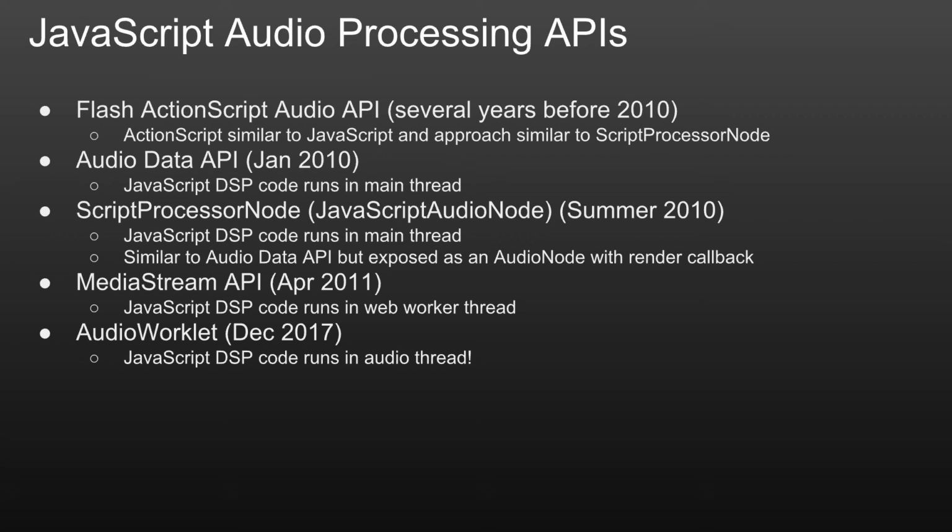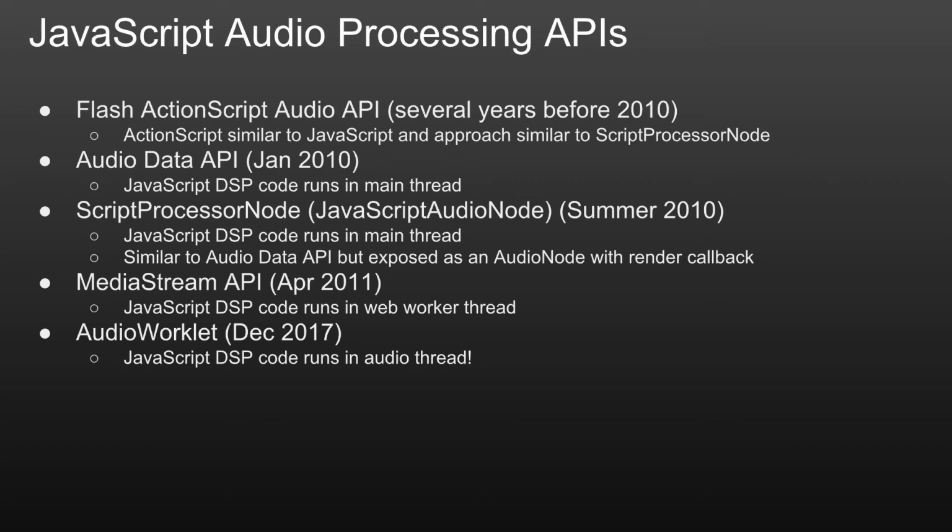Audio Data API by David Humphrey, DSP code in the main thread, and my version of that, script processor node, runs in the main thread. And MediaStream API even had a version, but it was running in a web worker thread, which was better because it was more resilient, couldn't get messed up by main thread, other things.